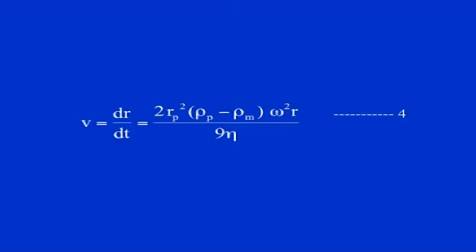The parameters involved are the particle radius, the densities of the particle and the medium, the angular velocity, the radial distance, and this eta value, which comes from the frictional coefficient, that is the viscosity of the medium. So, all these factors play a role.